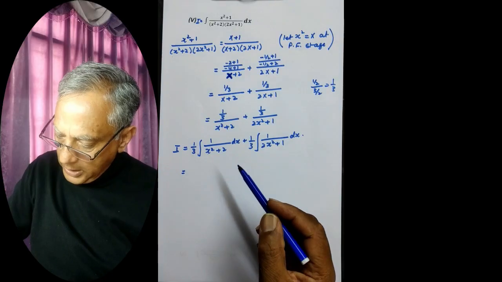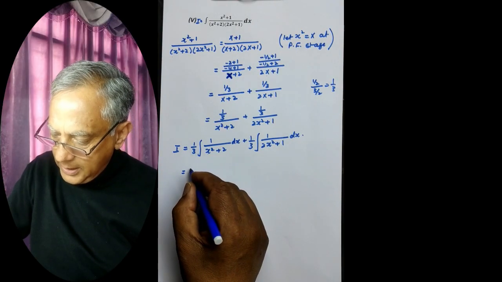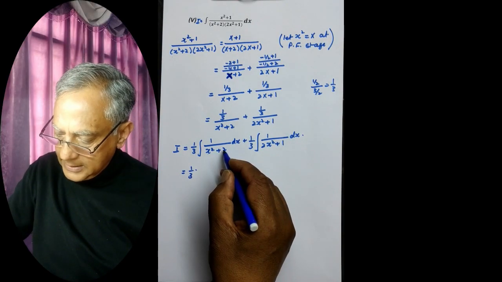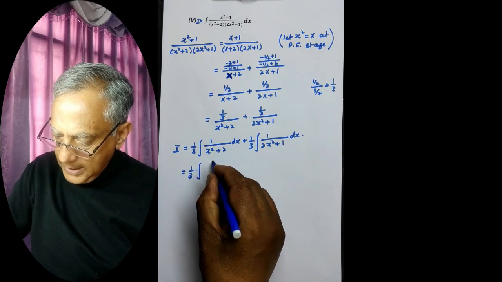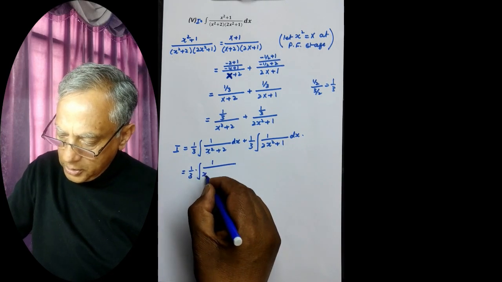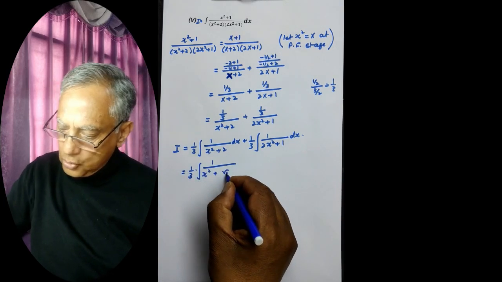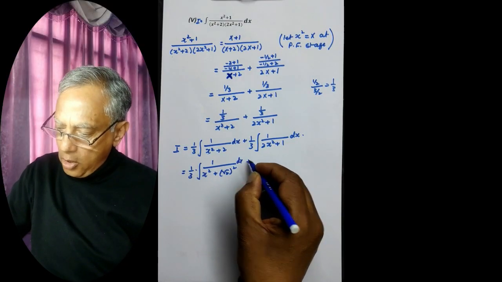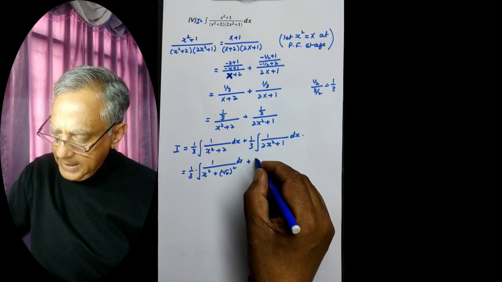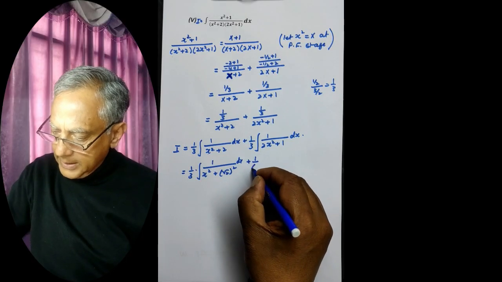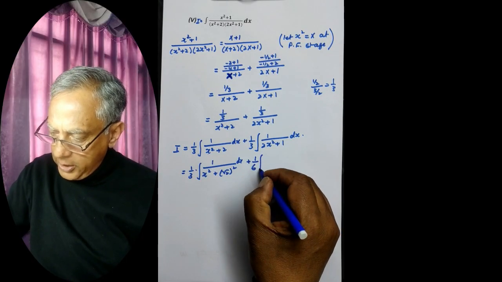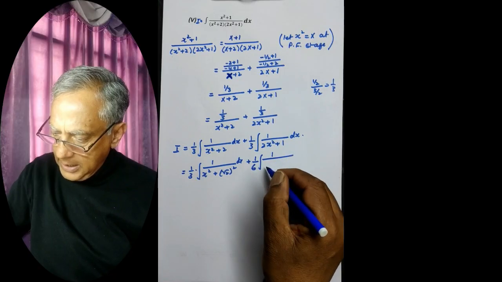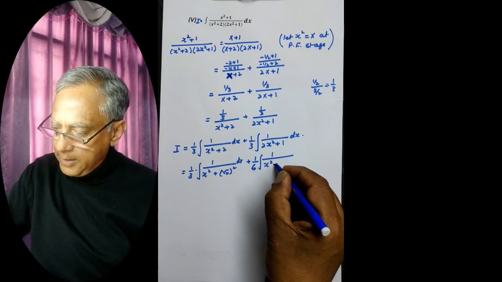So what we get is 1 by 3 into, we can write this as 1 over x square plus root 2 whole square dx, plus we will take 2 common, so this will be 1 by 6 integral 1 upon x square plus 1 by 2.